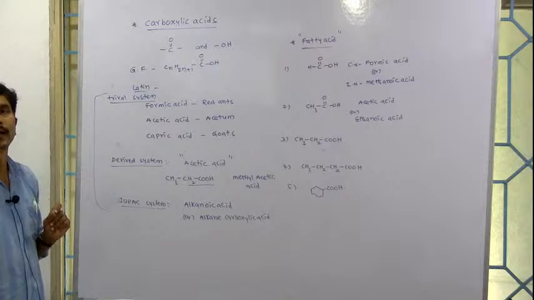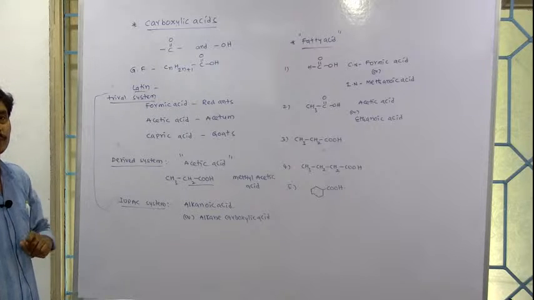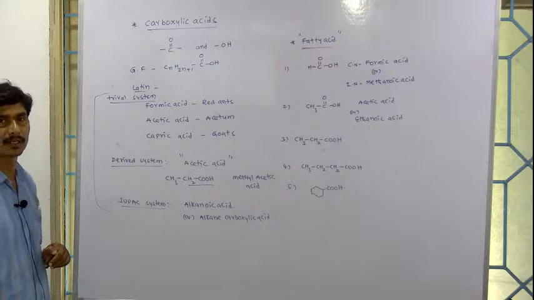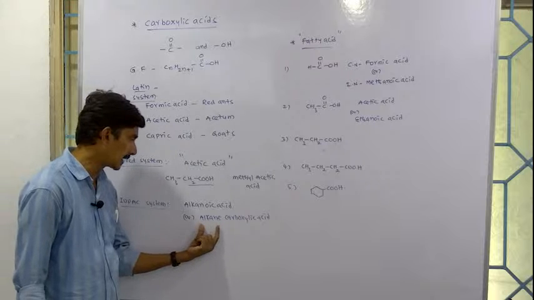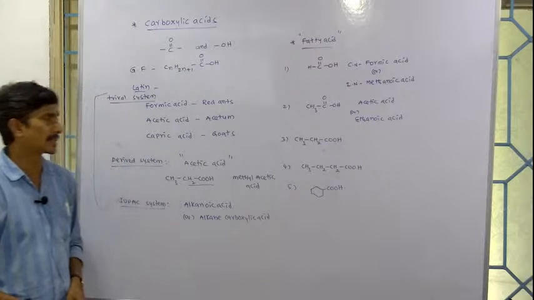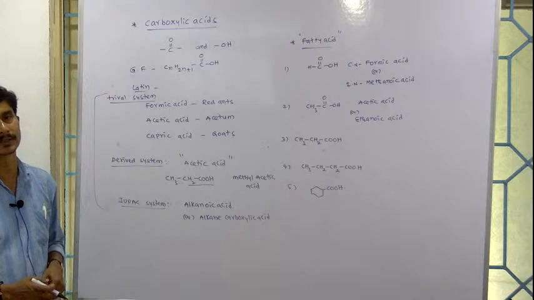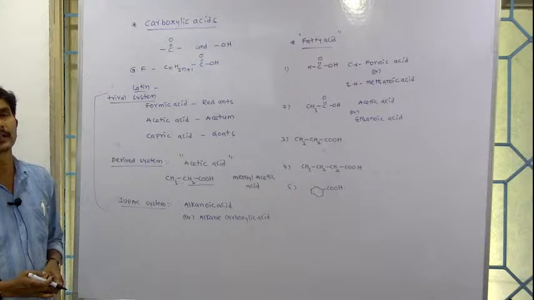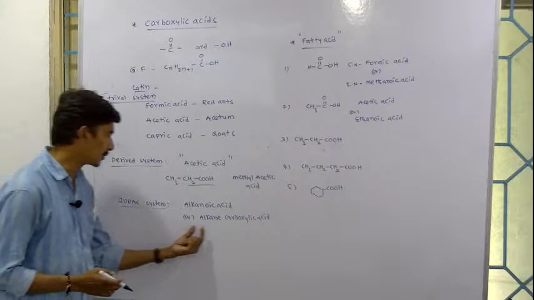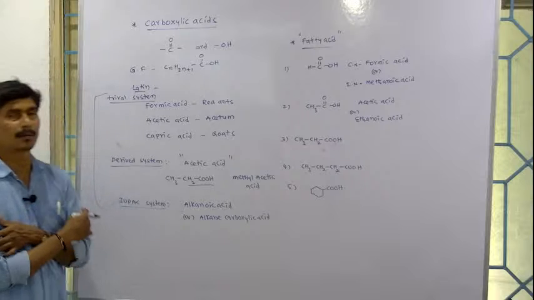When a carboxylic acid function group is not present in the main chain, then they are named as the alkane carboxylic acid. Or if more than one carboxylic acid present in a compound, then also we may use the alkane carboxylic acid.